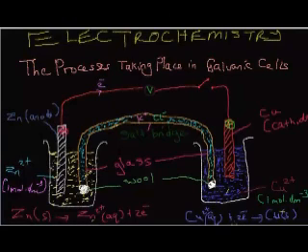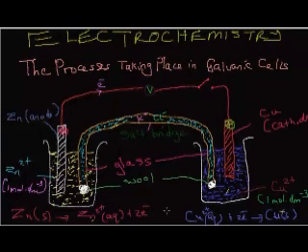When this cell is providing a flow of electrons to an external circuit, the zinc electrode, our anode, is going to be eaten away, while the copper electrode, our cathode, is gaining layers of copper atoms. The cell will stop working when all the zinc has been eaten away, or when there are no more copper ions to be deposited.